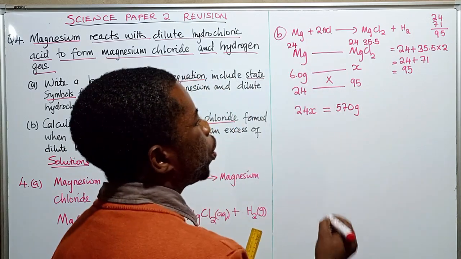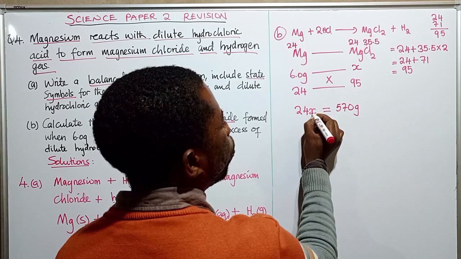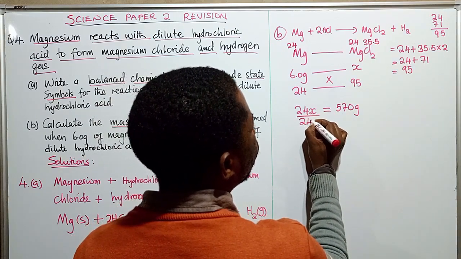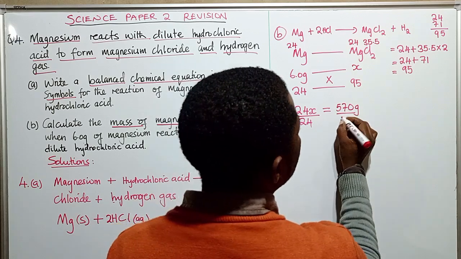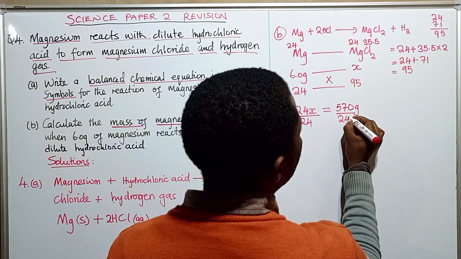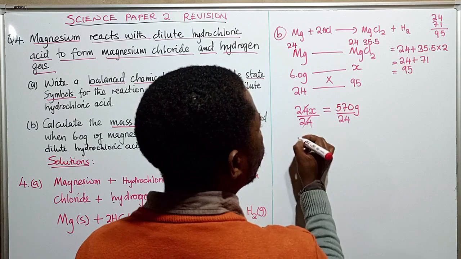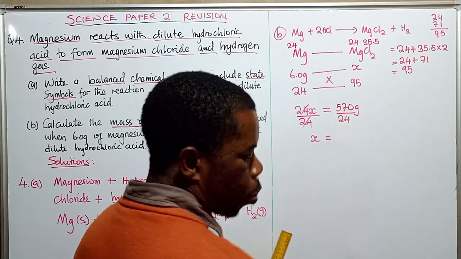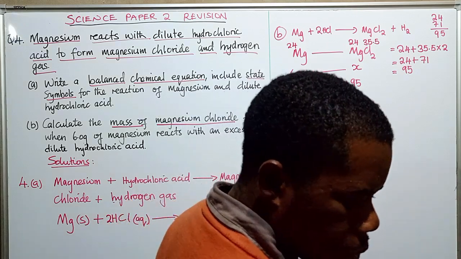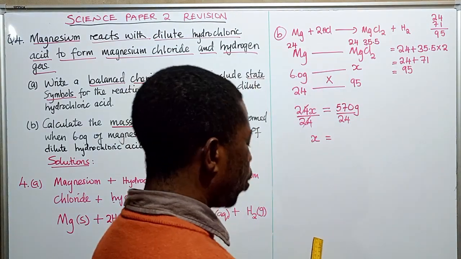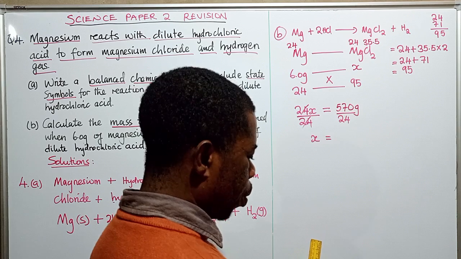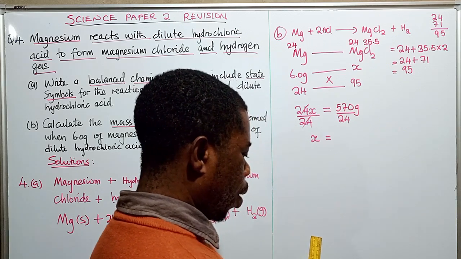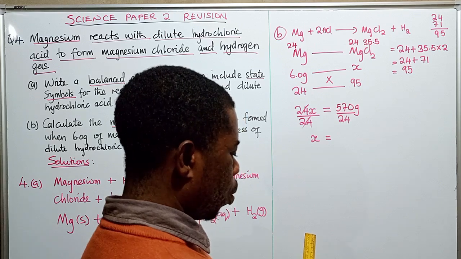Then what we're interested in is the x value, not the 24. So we divide this side by the 24. Also, we do the same on the other side by 24. That one goes, you remain with x is equal to 570 divided by 24.